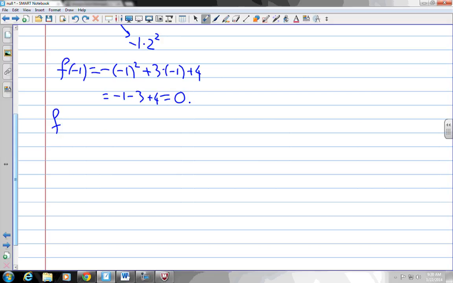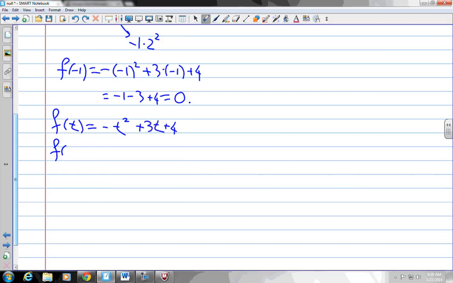What if I ask you f of t? What is f of t? Yeah, negative t squared plus 3t plus 4. Whatever goes in the little parentheses replaces the x.